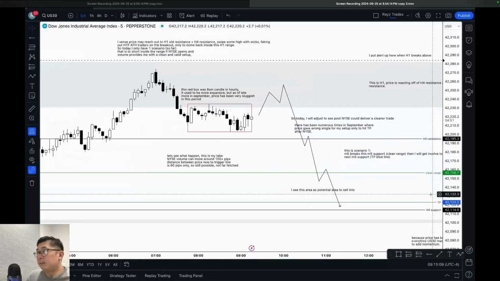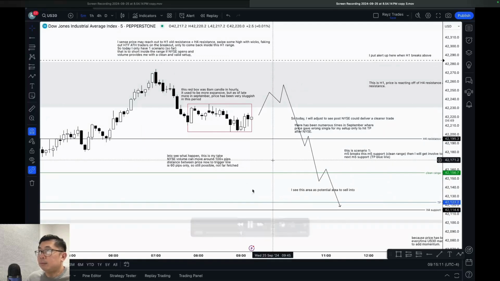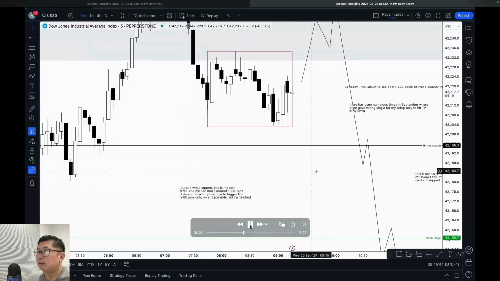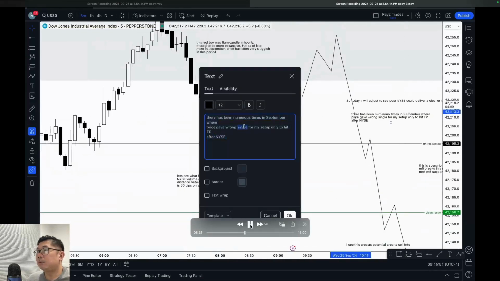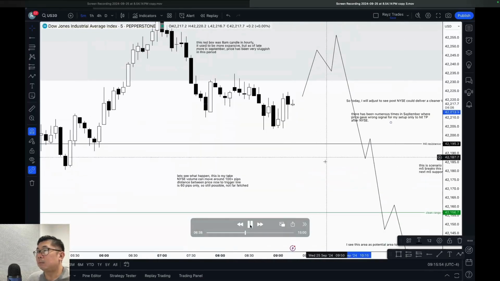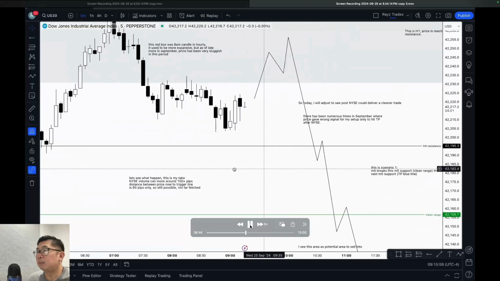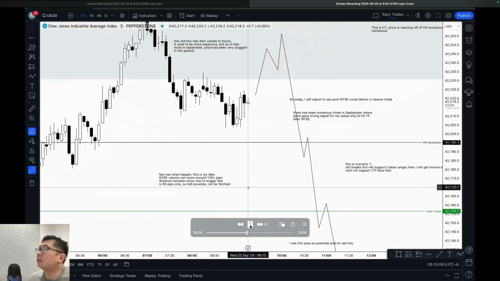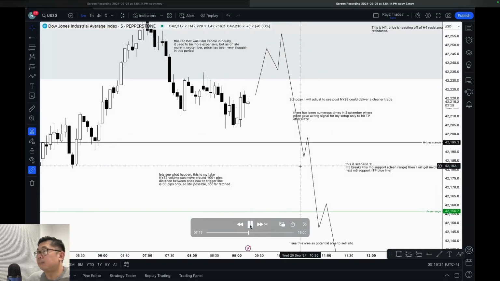Right, so that was the layout. I'm just going to fast forward again. See the time is still ticking, even though it's a lot faster.